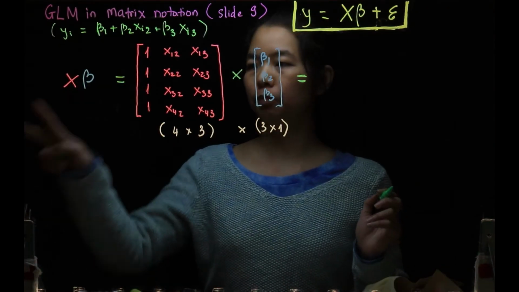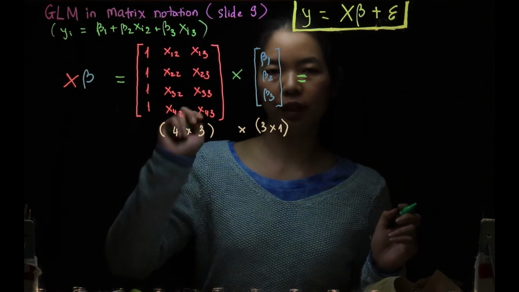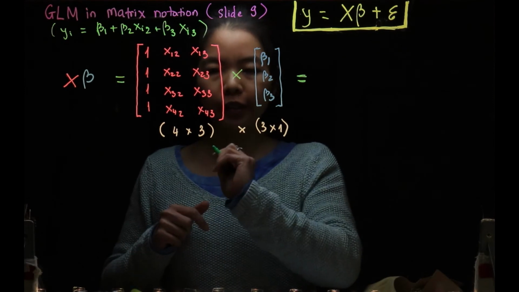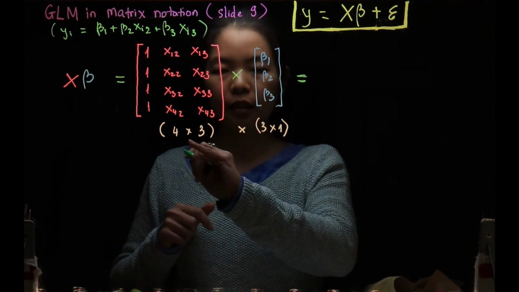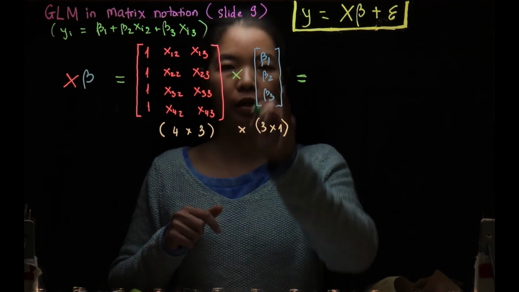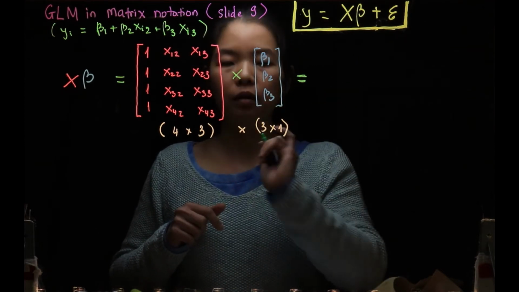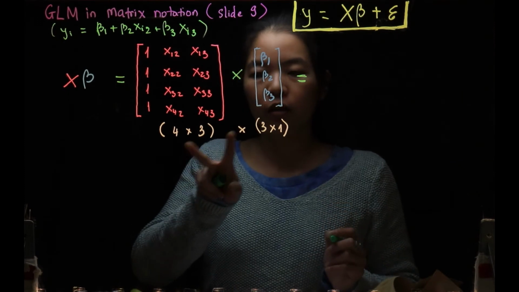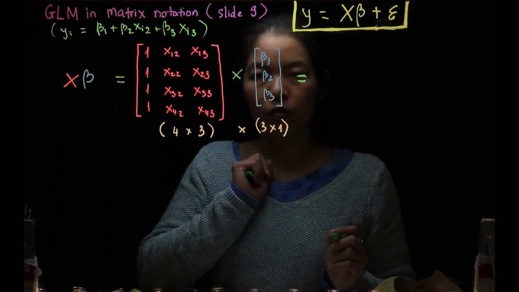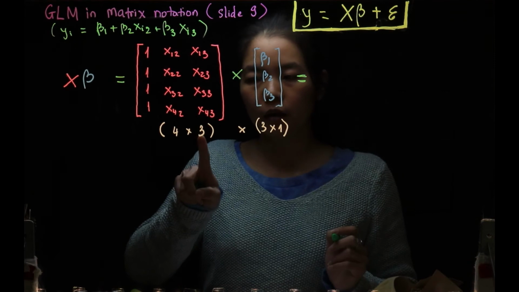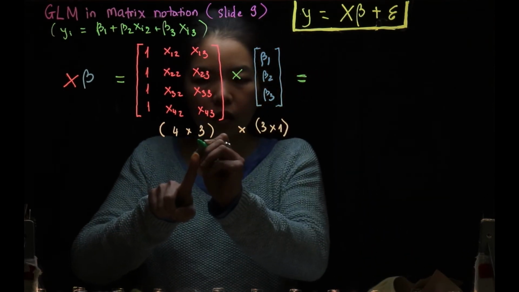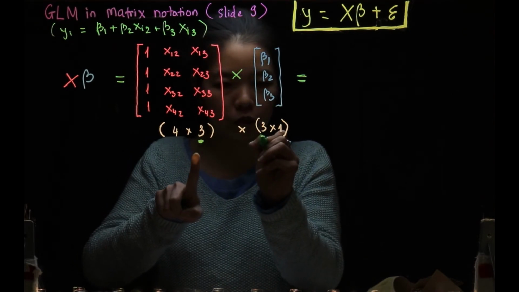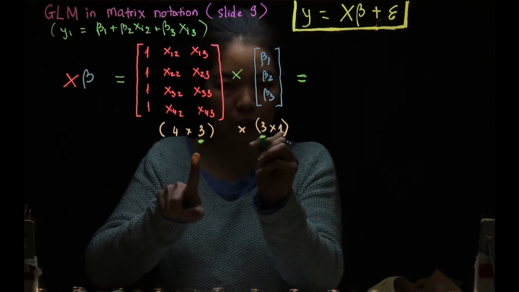Okay, now let's multiply x and beta and see why it must be x and beta. The first thing to check is the dimensions of the two matrices. Here we have a vector beta, but a matrix in general. In order for two matrices to multiply, the number of columns of the first matrix must be the same as the number of rows of the second matrix.